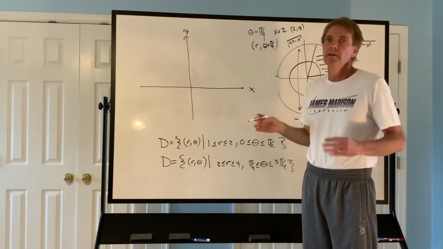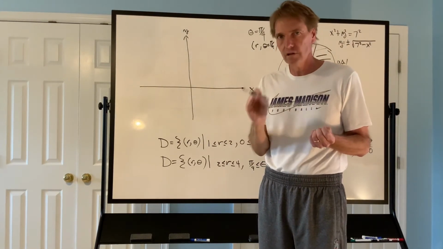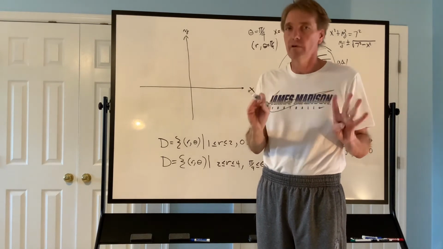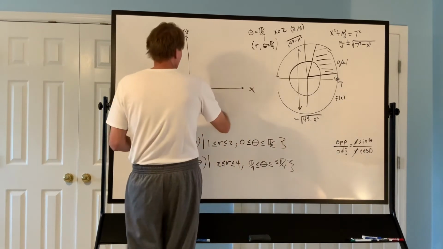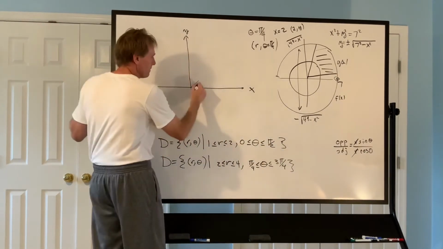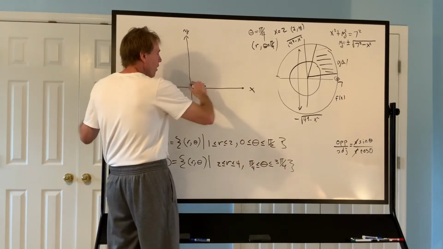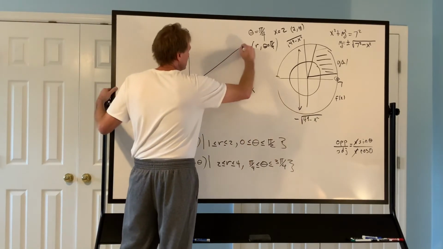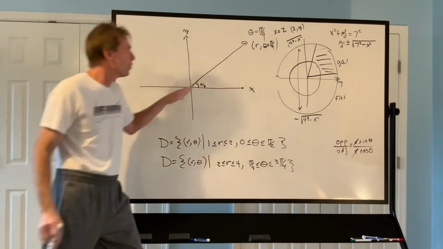but allowing the radius to do whatever it wants. Now, typically, what we're going to be doing in this class, we're not going to worry about r being negative. We're just going to think about r being positive. So here's pi over 4. This angle is pi over 4, and we're going to let r do whatever it wants, which is going to give me this coordinate curve.